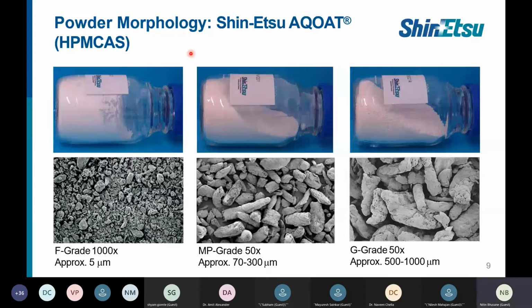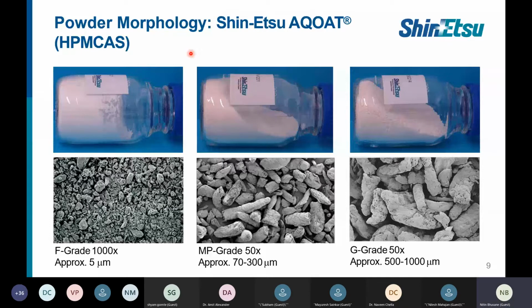There is no flowability. The G grade, at the extreme right side, you can see with a mean particle size around 500 to 1000 micron. Flowability is very good, but particle size is also very big. So sometimes if your API itself doesn't have such a big particle size, there is a possibility of segregation.